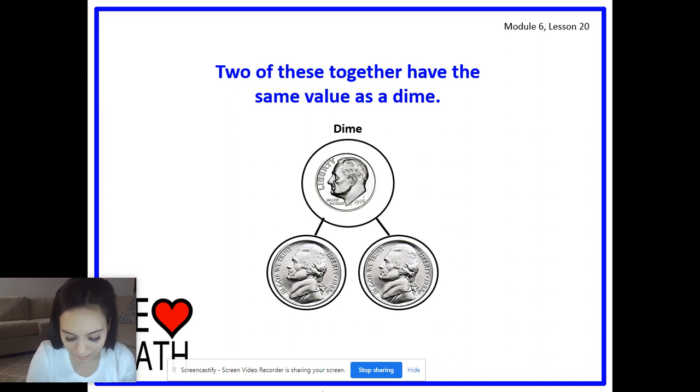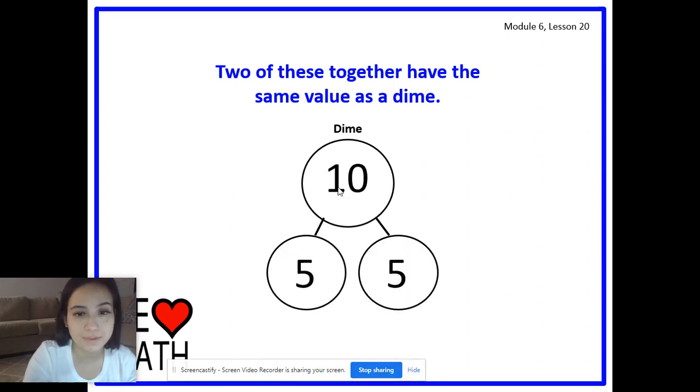So if 2 of these together have the same value as a dime, we know that this plus this has to equal 10. So how much is the value of each nickel? Get ready. Yes, 5 cents. Each nickel is worth 5 cents, so 5 plus 5 equals 10, which is a dime.